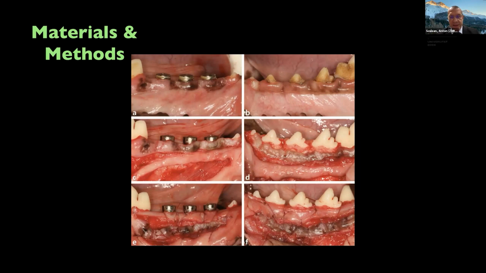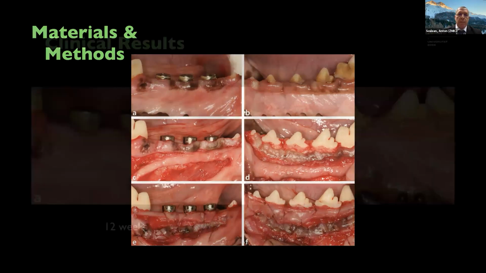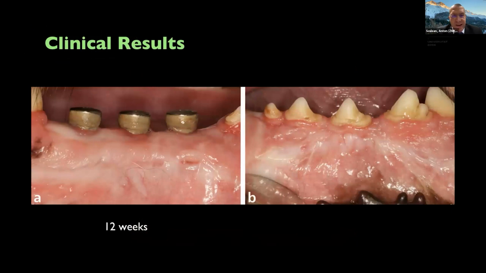And in fact, the non-keratinized mucosa was switched coronally, and the keratinized mucosa was sutured apically. And we wanted to see what is going to happen when we evaluate the healing both clinically and histologically.